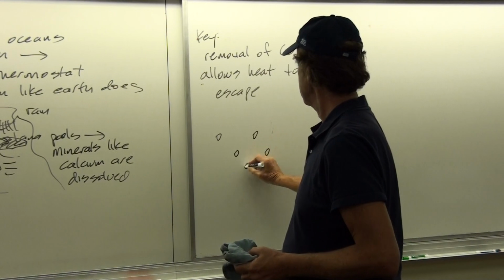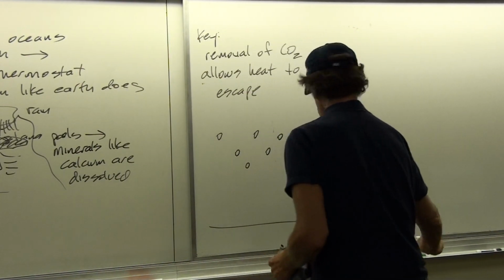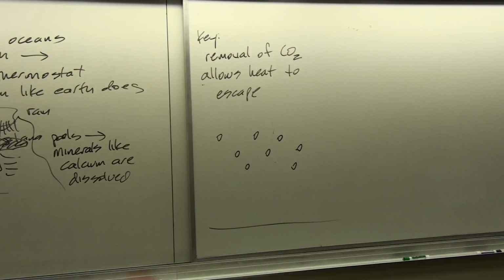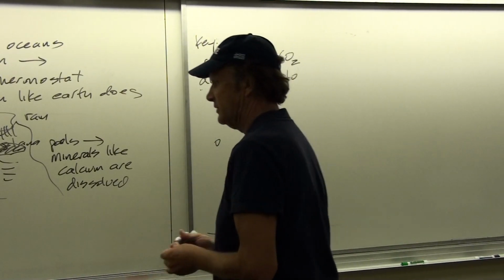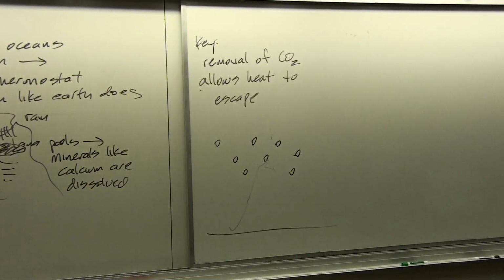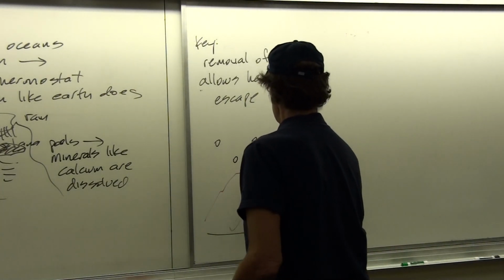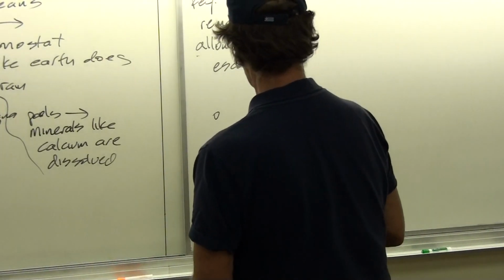So we have a lot of carbon dioxide molecules. Then the heat tries to escape and it's absorbed by the CO2 and can't get out. So it's essentially then in this lower part of the atmosphere, and the heat just keeps growing.